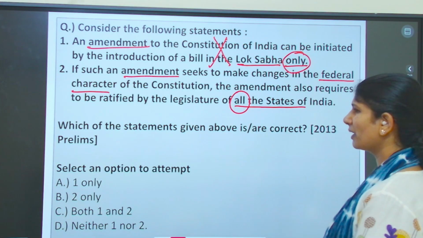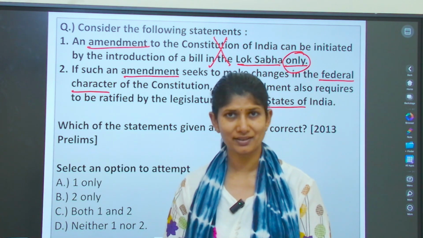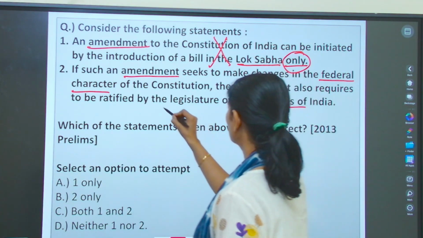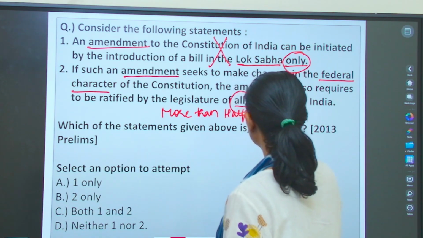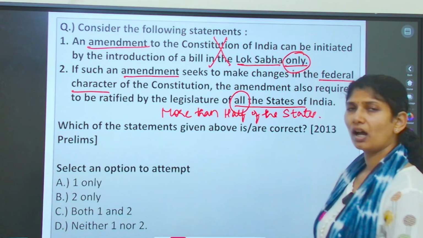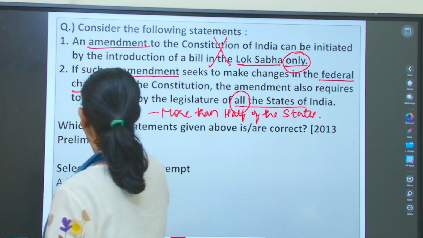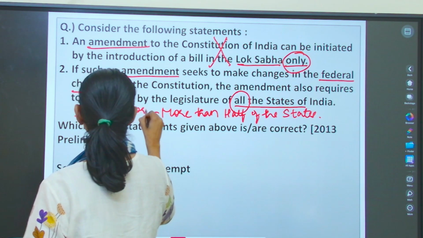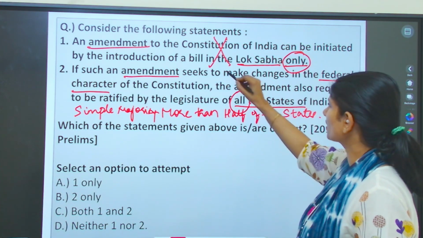If an amendment is brought in and some federal provisions are getting affected, then you only need more than half of the states to ratify this, and that too with a simple majority. So here the statement of all the states makes it wrong.